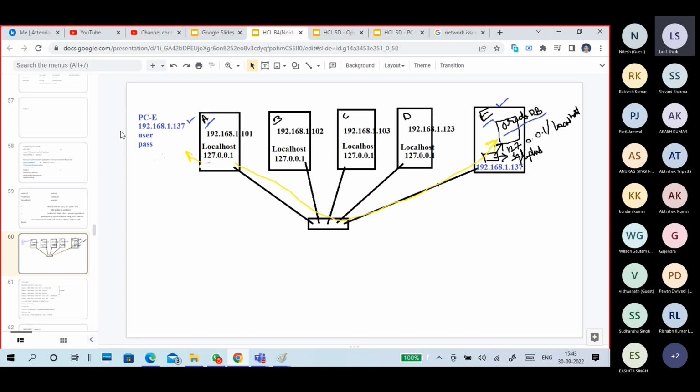For example, you have a PC named A, another PC named B, then C, D, E. But there is a common name for all PCs for itself, like when I'm telling about myself. It is a local host. The name of the host, the name of the computer, is localhost, irrespective of what name you are giving. It is called a local host.